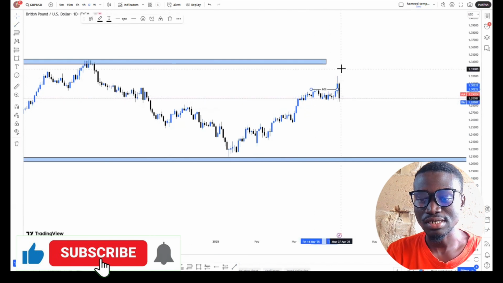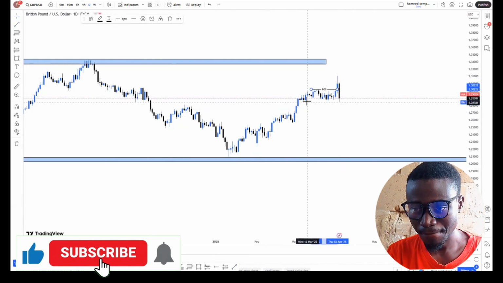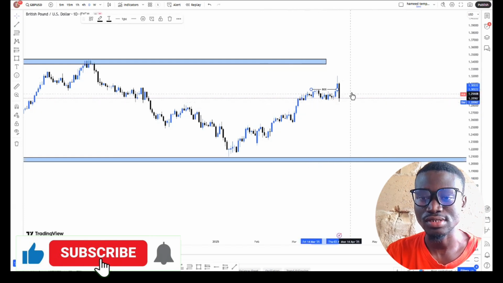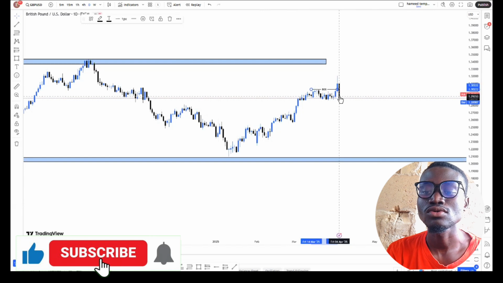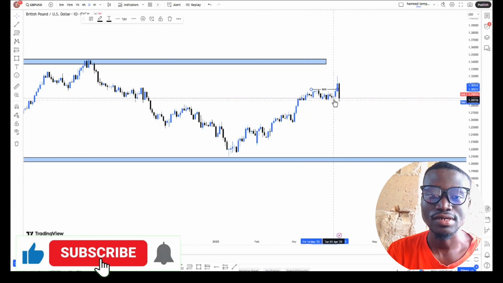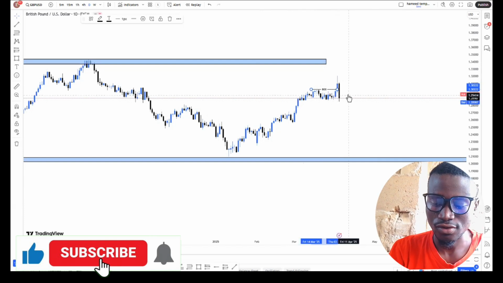If the market is taken out here and we have a bearish candle to the downside, that means we are going for a sell. But if the market fails to give us a break of structure and change of character here, definitely we are still going for a buy. So with that, let's go to 4 hour.